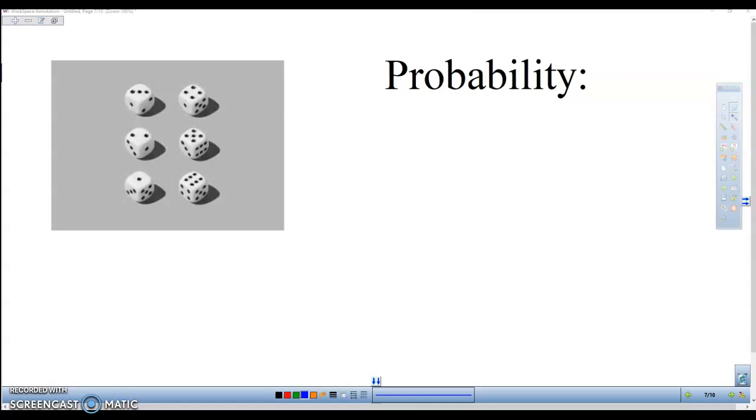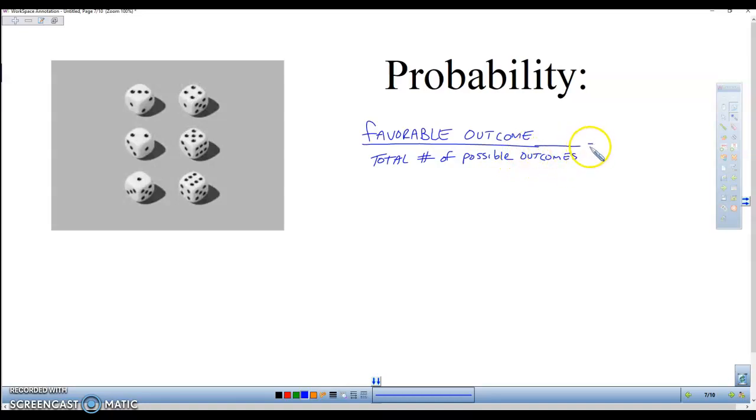Now, here's why. Probability is the favorable outcome, the outcome you're looking for. In my last example, that'd be getting a 2. Divided by the total number of possible outcomes. And in the case of rolling a die, that is 6.